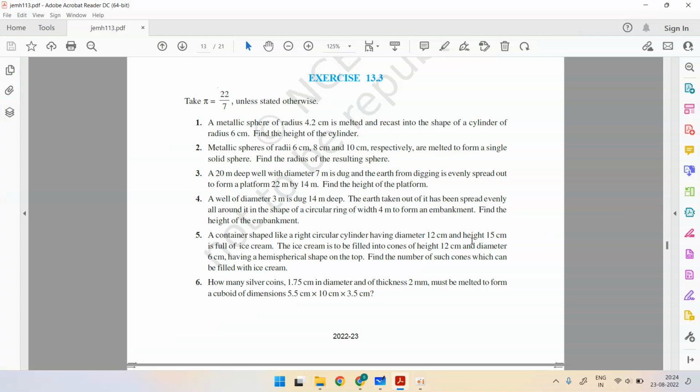Next, fifth question: a container shaped like a right circular cylinder.